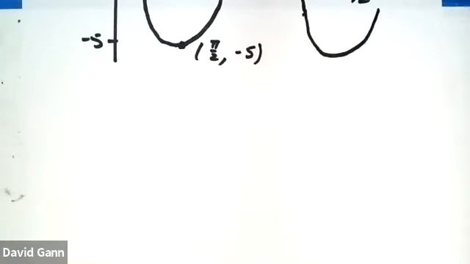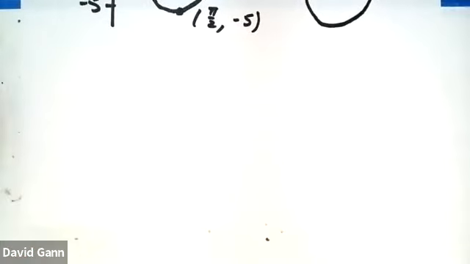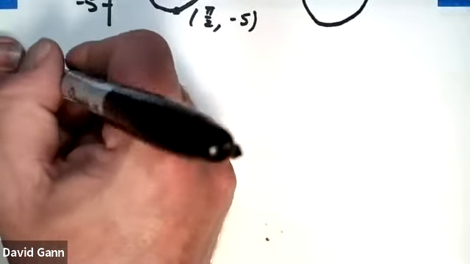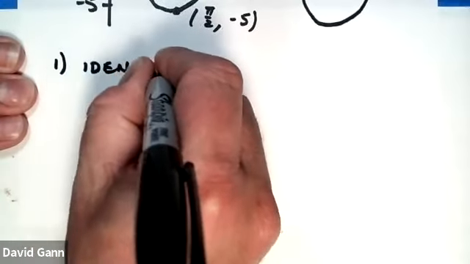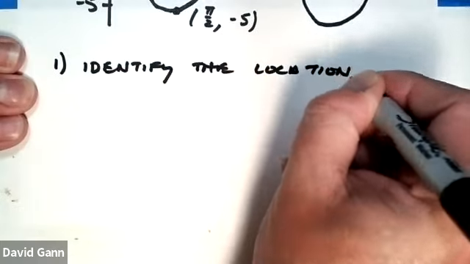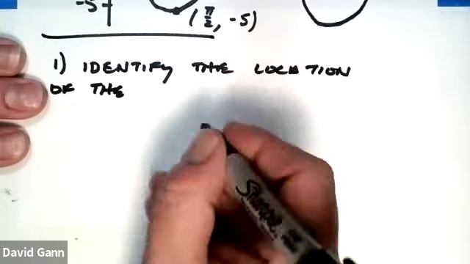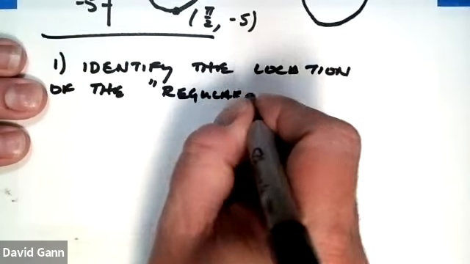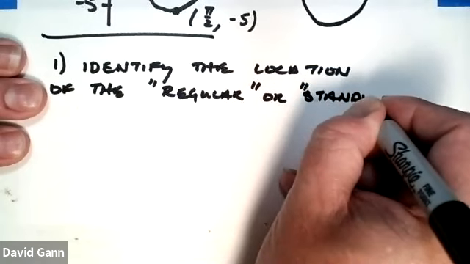when you have a graph and you want to produce the equation, the process is to first identify the location of the, and this is not a technical term, the regular or standard origin.